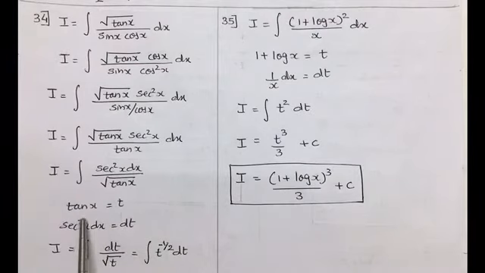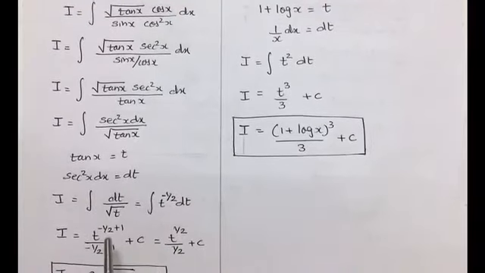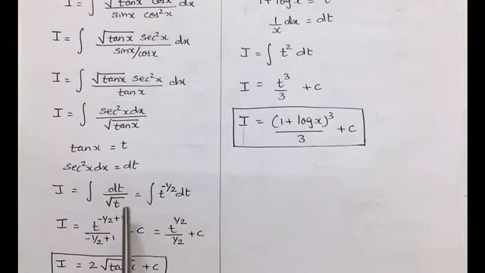Now assuming tan x is equal to t, differentiating tan x, we get sec square x dx is equal to dt. Now I is equal to integration dt upon root t.